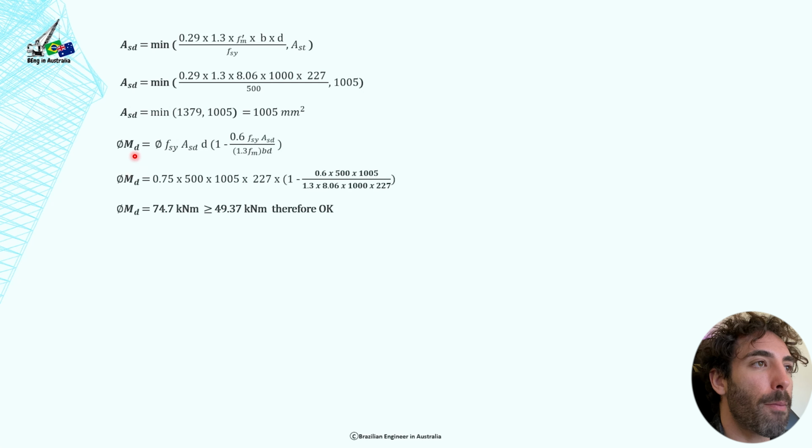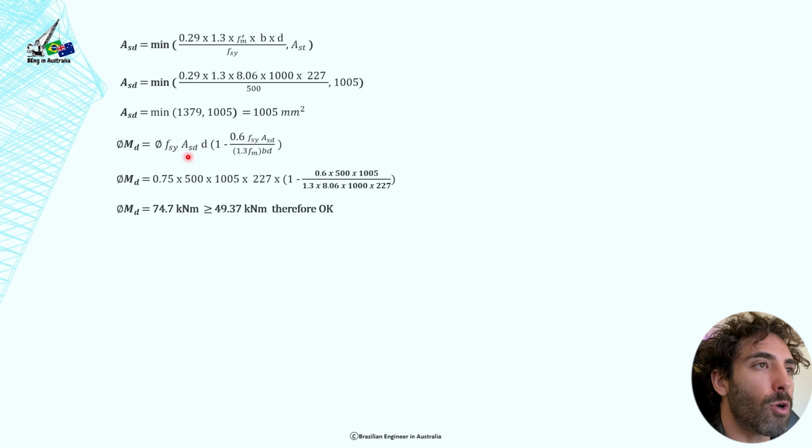The bending moment capacity is phi Fsy Ast d times 1 minus 0.6 times Fsy Ast divided by 1.3 Fm times b d, and you can also find that in AS 3700 in the clause of the bending moment calculation.